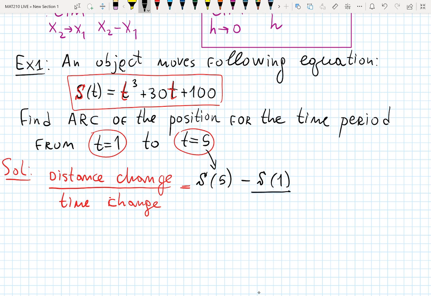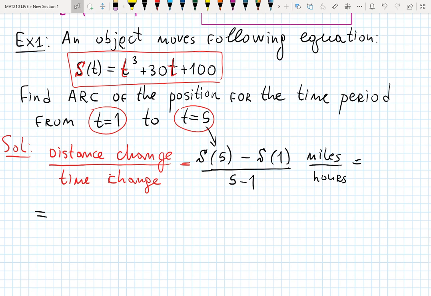You always do the last point minus the original point. s of 5 minus s of 1, and the bottom I have 5 minus 1. Change in output over change in input. Also, just to point out that there was miles in the numerator and hours in the denominator. Carefully plug in all those values into your function.